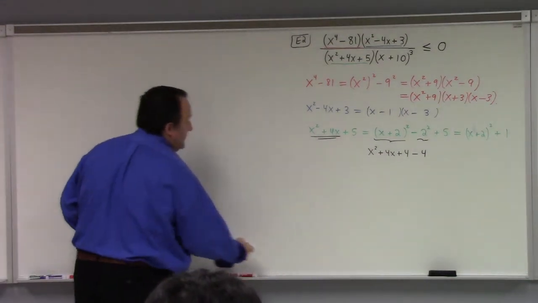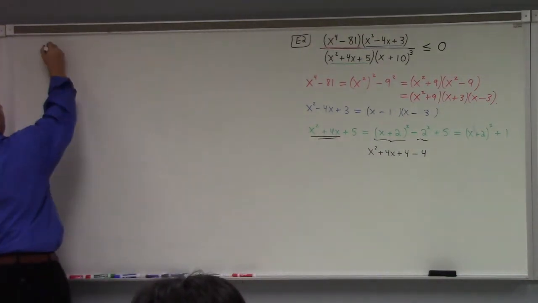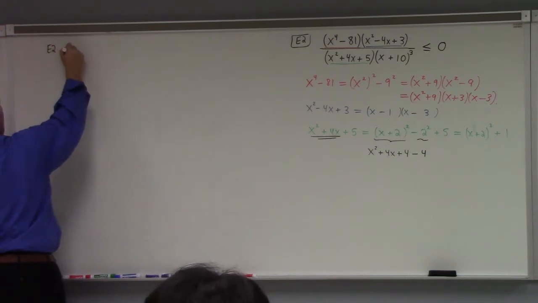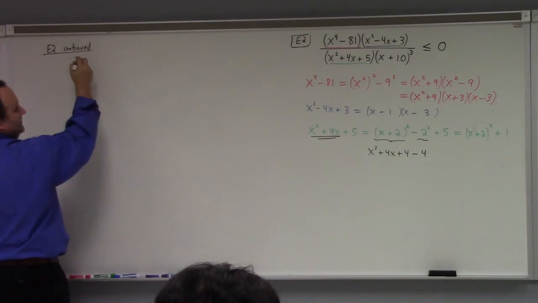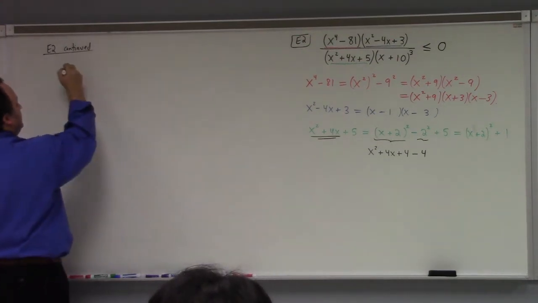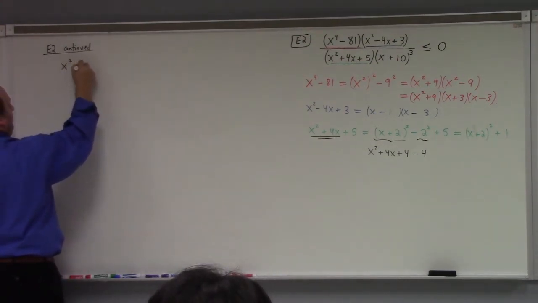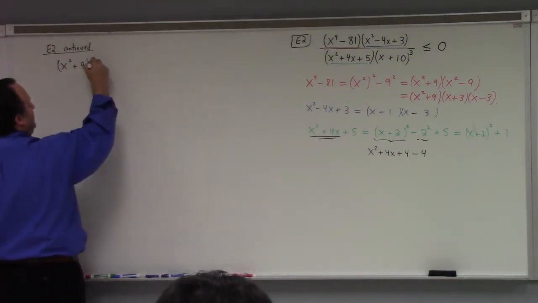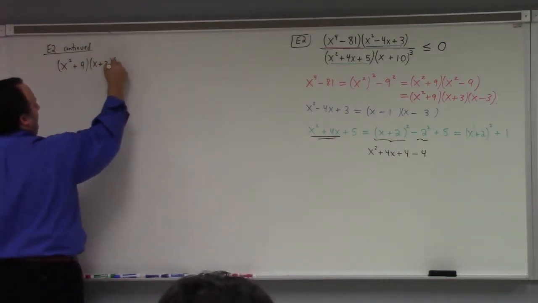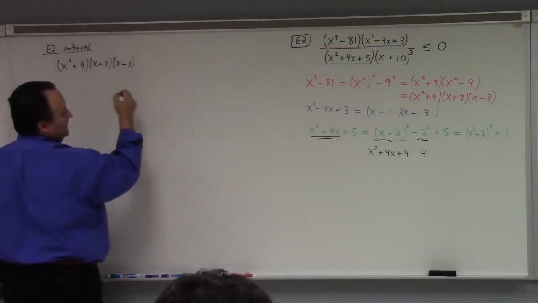So, example 2 continued. We have, as it turns out, x squared plus 9, x plus 3, x minus 3, right?